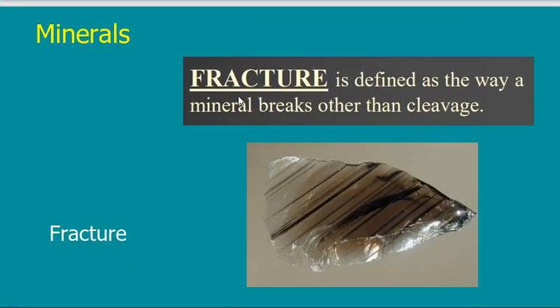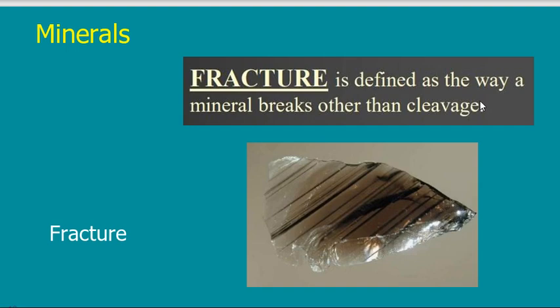Another property is called fracture. Fracture is the same as cleavage, but the rock just breaks irregularly. It does not break on a specific plane. It's defined as the way a mineral breaks other than cleavage.